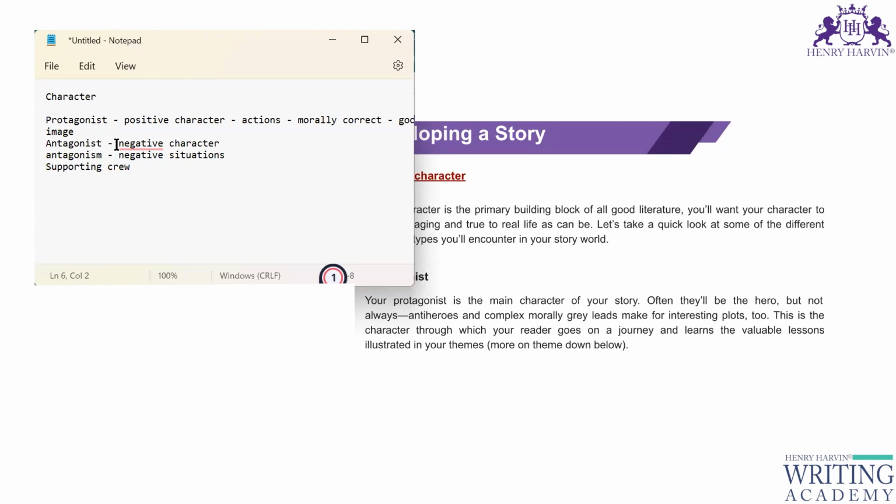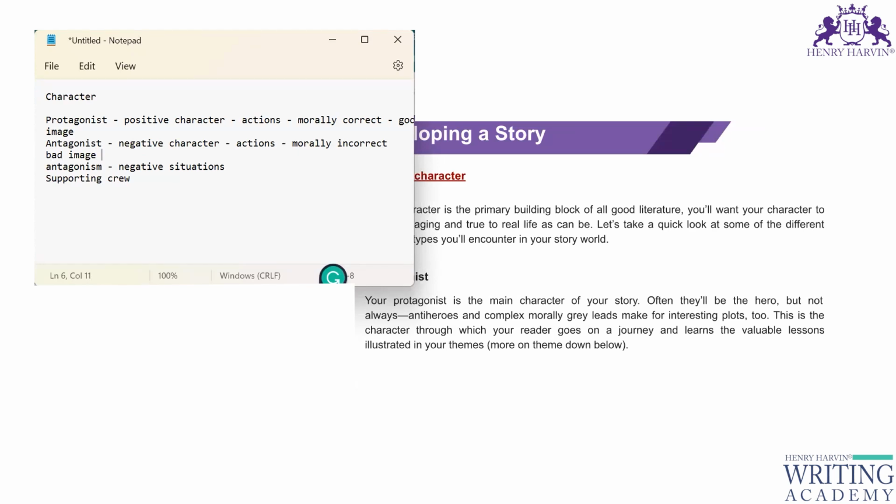Then obviously there is the antagonist. The antagonist is the person who is negative. Their actions are negative, they are morally incorrect. However you are trying to talk about the antagonist, you have to portray a very, very bad image, meaning with their actions.